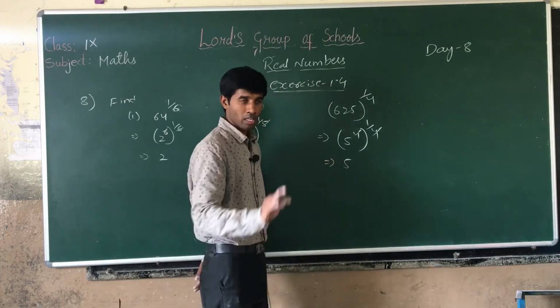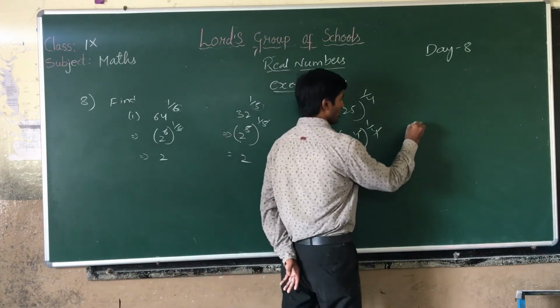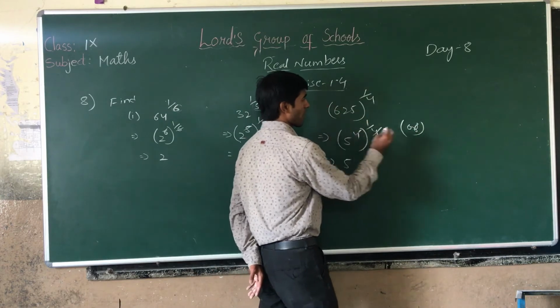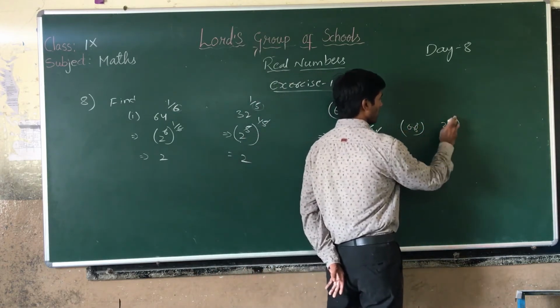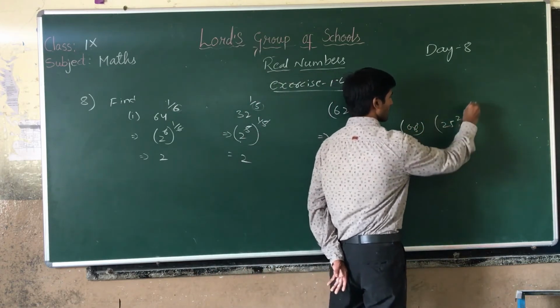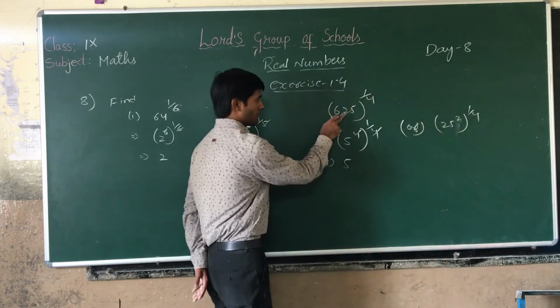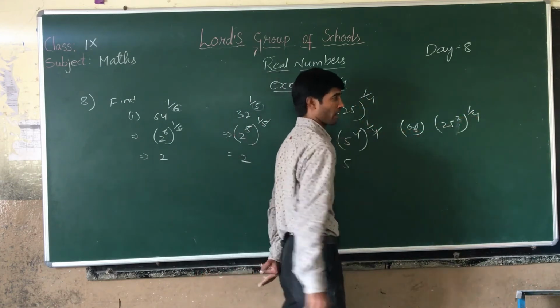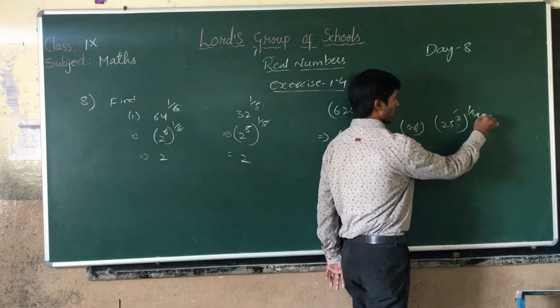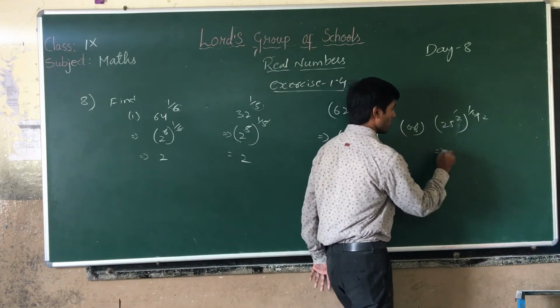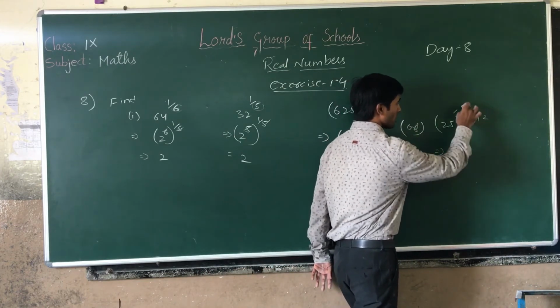I am telling another method: if you write 625 as 25 square, power 1 by 4, right? Now the 2 and 2 get cancelled. So what is remaining now? 25 power 1 by 2.